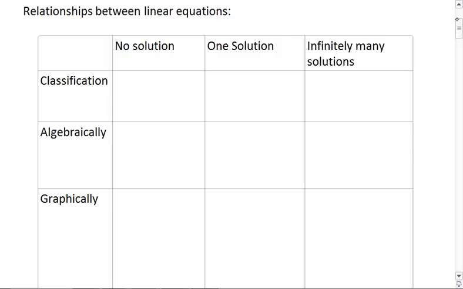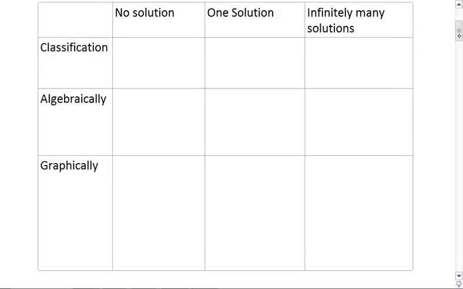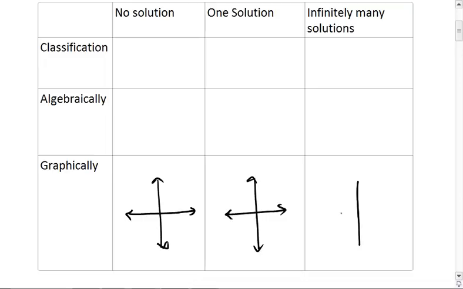When we have two linear equations like this, there's three possible outcomes of the relationship. We can have no solution, and this is what happens when we have two parallel lines.